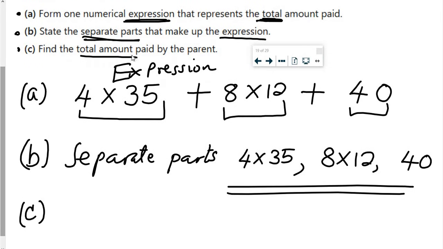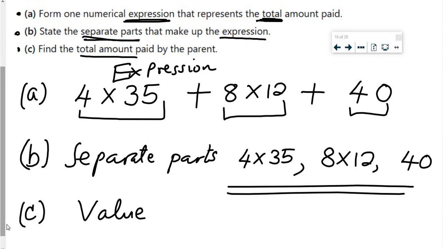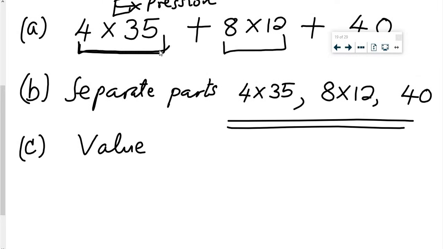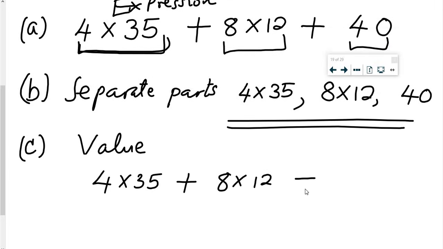C. Can you now find the total amount? Can you now calculate the value? So you go back here, and 4 into 35 plus 8 into 12 plus 40.